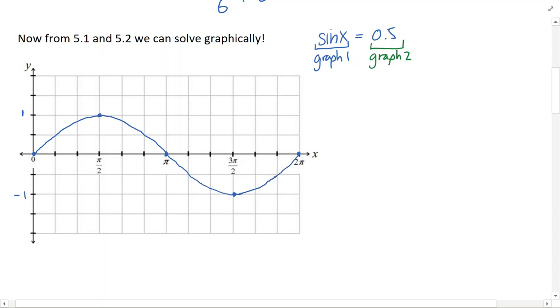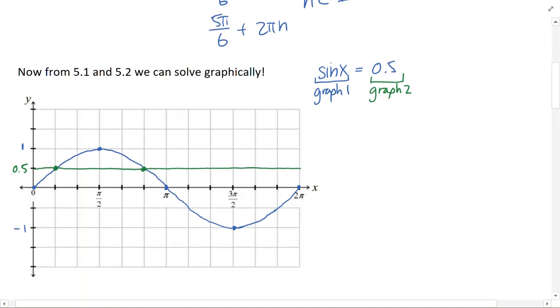Okay. And the second line is going to be just at half. So one box will represent half, and we're just going to draw a straight line across. And the points where they intersect, here and here, should be the answer to our x values.